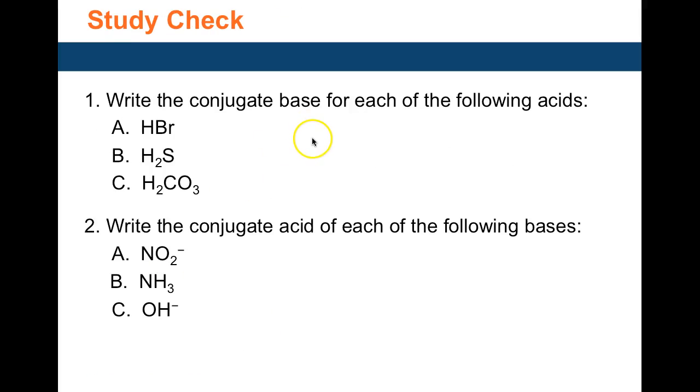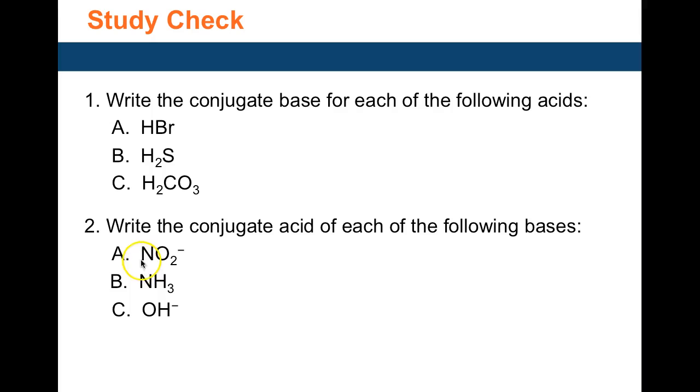So it says here, write the conjugate base for each of the following. Just remember the conjugate base lacks one H plus. So take that off and you're left with Br minus. Take one H plus off and you're left with HS minus. Again, remove just one H plus off and what remains is HCO3 minus.